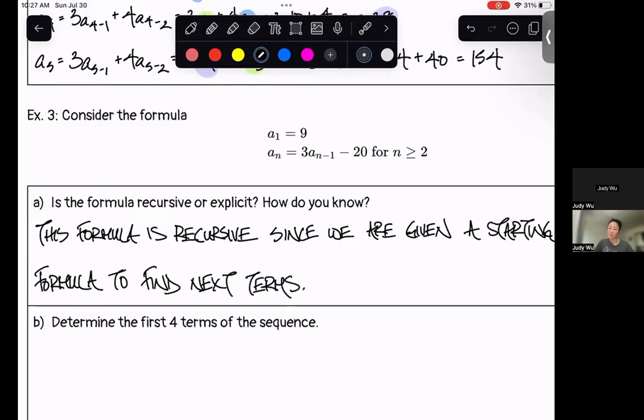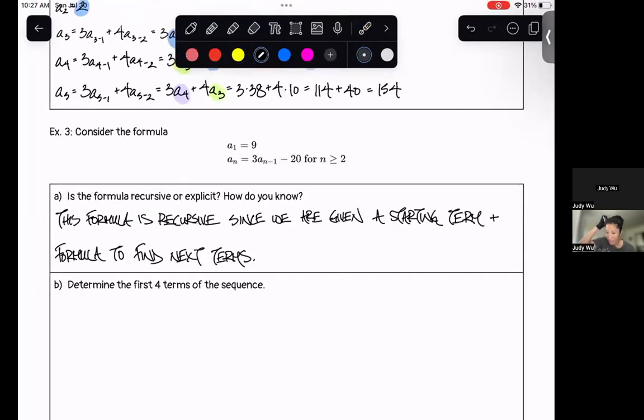Okay. One thing about this formula I want to point out: in order to find any term, I need to know the one that came before. So if I want to find the 1000th term, I better have the 999th term. All right, let's go ahead and find out what the first 4 terms are.